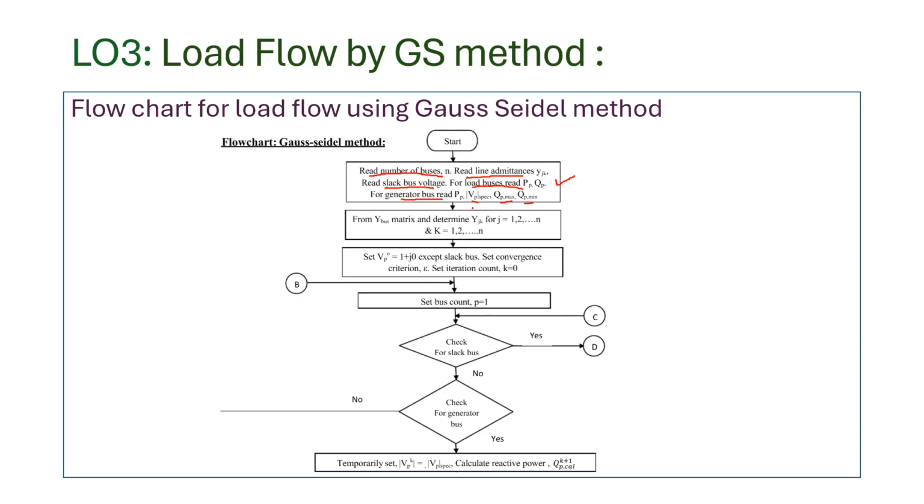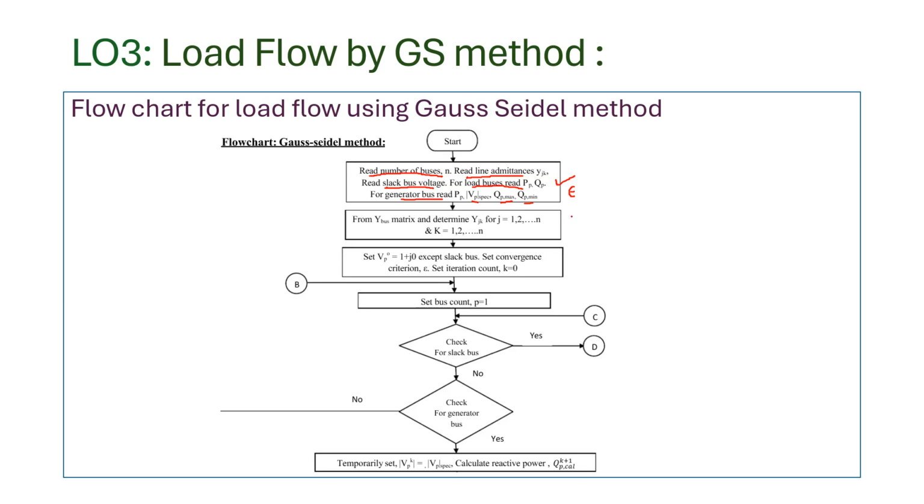So all these data we require for the given system. Along with that, we require a convergence criteria, that is epsilon. That is, up to what decimal places we require accuracy of our result, what we call the convergence criteria.